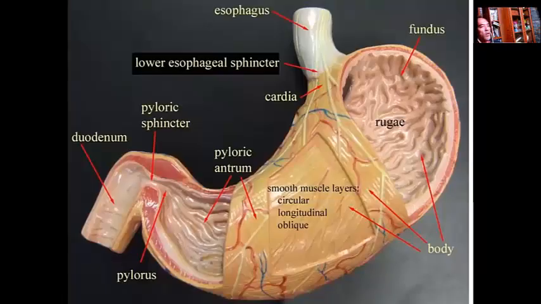Now let's take a look at this one again. Let's concentrate on the smooth muscles: longitudinal, circular, and obliques.